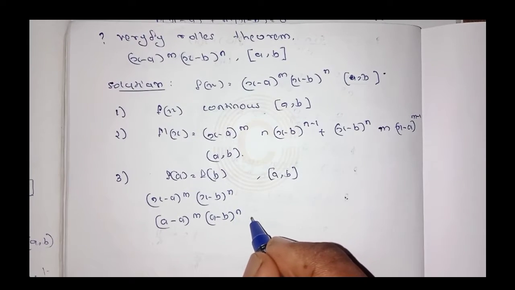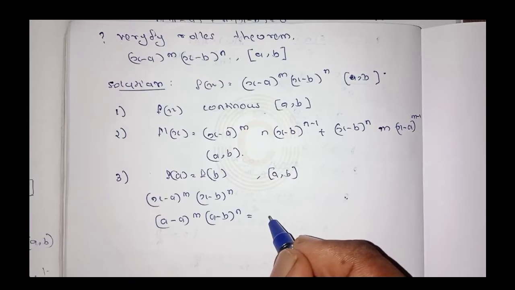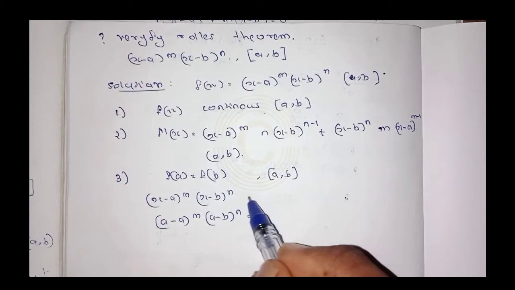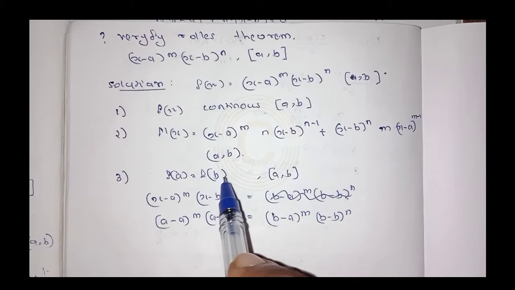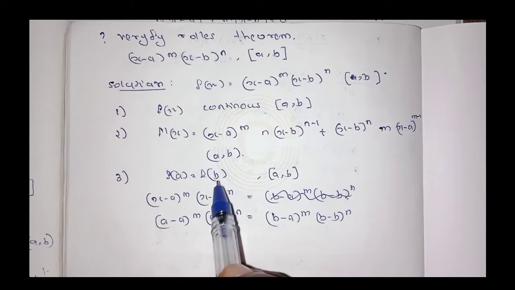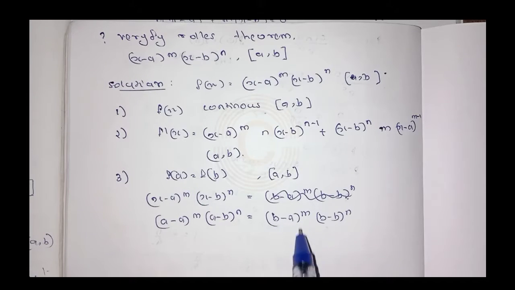In the case of f of b, we replace x by b, that is (b minus a) raised to m into (b minus b) raised to n.